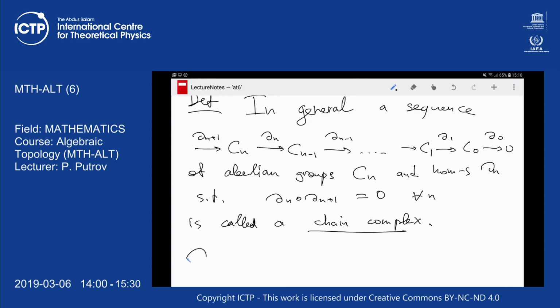From this condition it follows that this is equivalent to the statement that the image of D_{n+1} is inside the kernel of the homomorphism D_n.